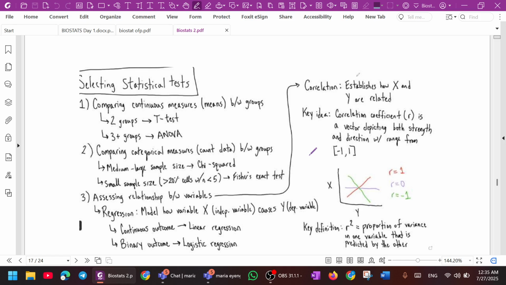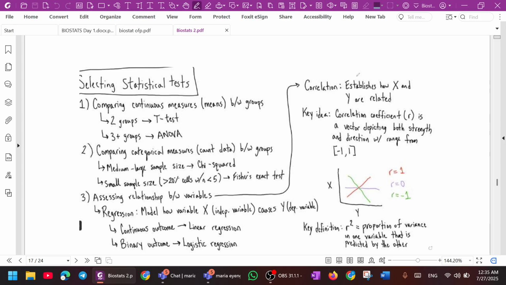Because they are going in opposite directions, it's negative. I forget how he explained the one, the negative and the zero. You have to watch the video. But I think it means it's a strong association, that the relationship between the two is strong. That's why it's close to one.